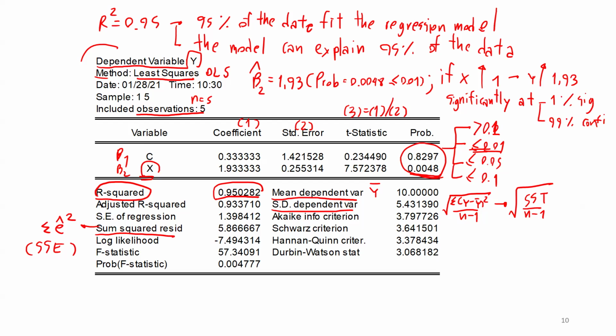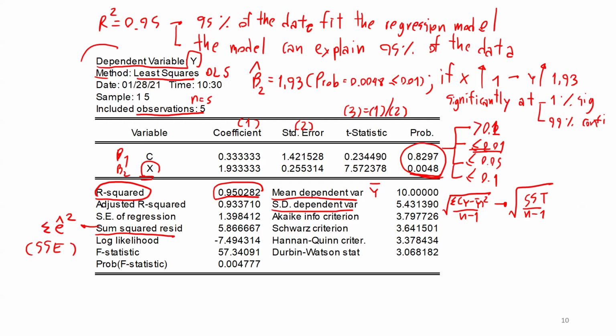So this is the basics when you deal with real data and get a printout like this. First, you can read R square, whether the model is good or bad. If R square is low, it's not so good for forecasting. And then the more important one is the significance.